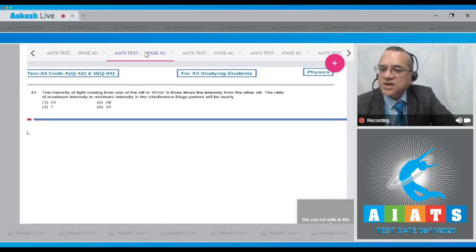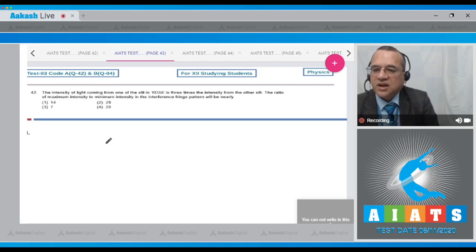Question number 42 says the intensity of the light coming from one of the slits in Young's double slit experiment is 3 times the intensity from the other slit. The ratio of the maximum intensity to the minimum intensity in the interference fringe pattern will be nearly... These are the 4 options.